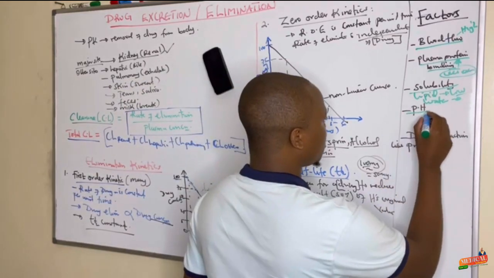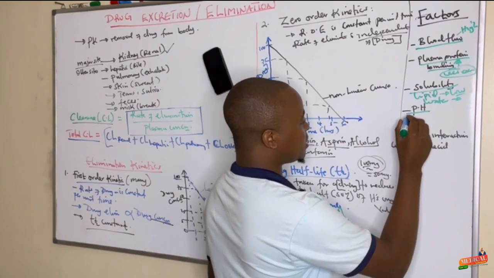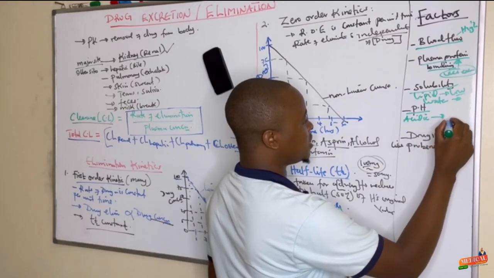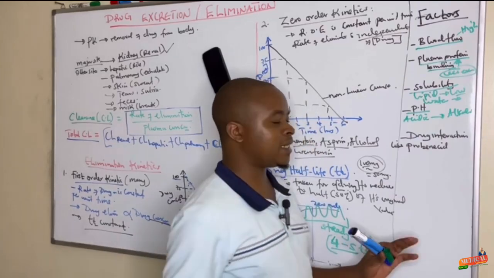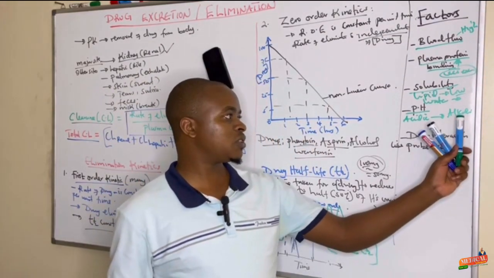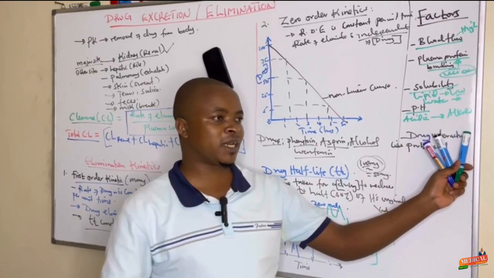Then pH also: you're going to see that acidic drugs are best excreted in alkaline medium. So when you have acidic drugs like aspirin, to enhance its elimination, you can alkalize the urine by adding sodium bicarbonate.